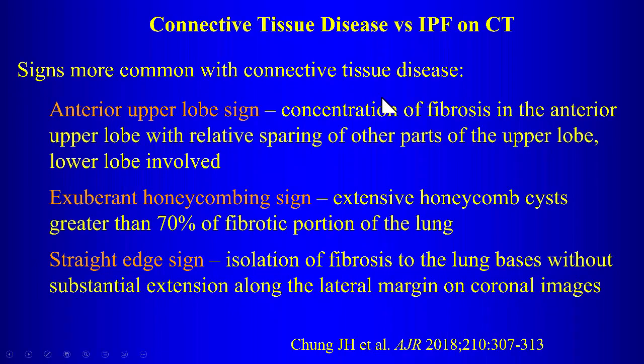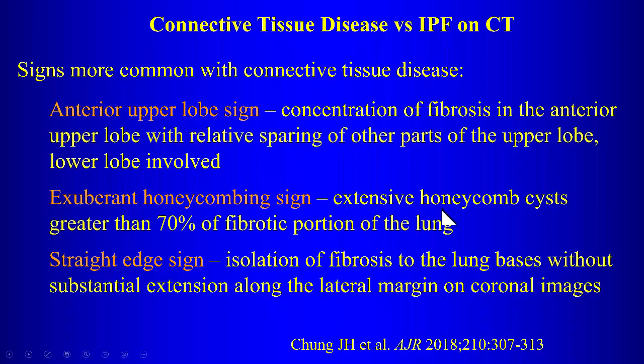Okay? Now, is there a way to differentiate fibrosis from connective tissue disease versus fibrosis from idiopathic pulmonary fibrosis? Well, there has been some discussion of this. So there are some signs that are more commonly associated with connective tissue disease as opposed to idiopathic pulmonary fibrosis. There's the anterior upper lobe sign, where the fibrosis tends to be in the anterior upper lobes, sparing the other parts of the upper lobes.